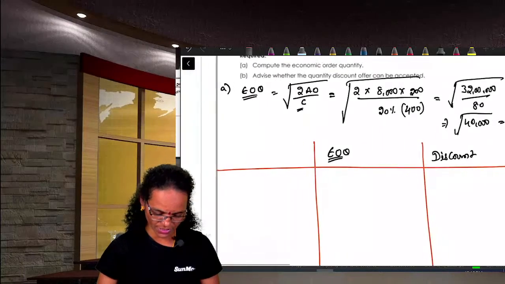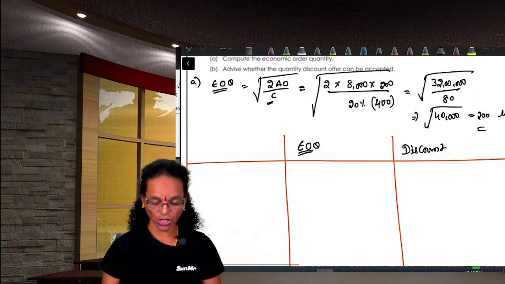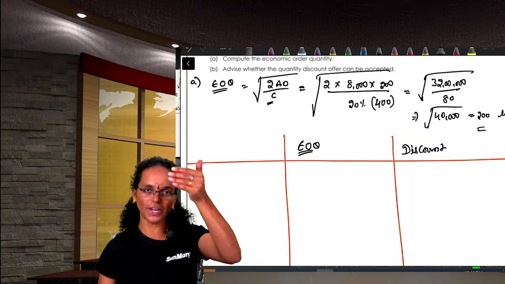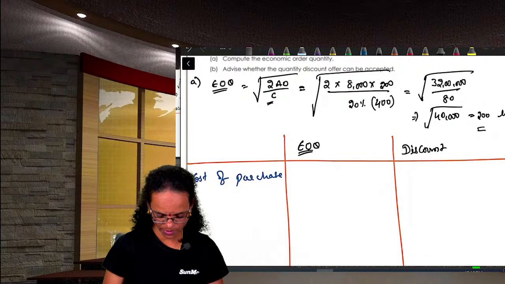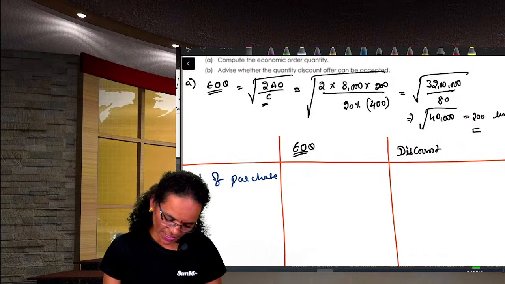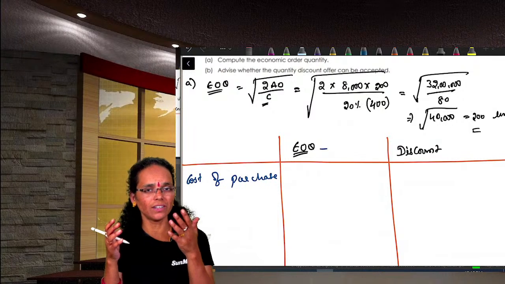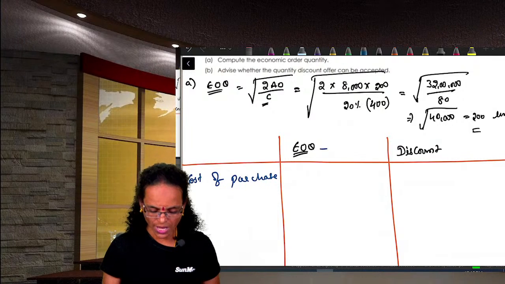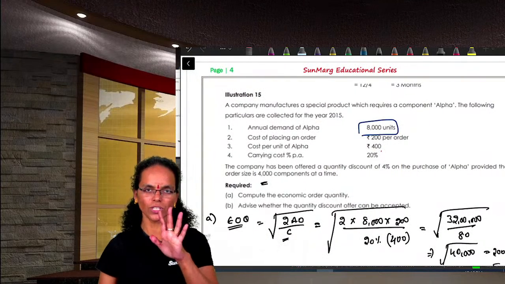These three components are included in total purchase cost. First we see the cost of purchase, the amount which we pay to vendor. If you are going under economic order quantity, or under a discount factor, the quantity required for the year is 8,000 units only.